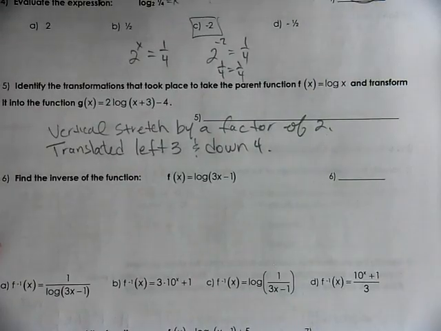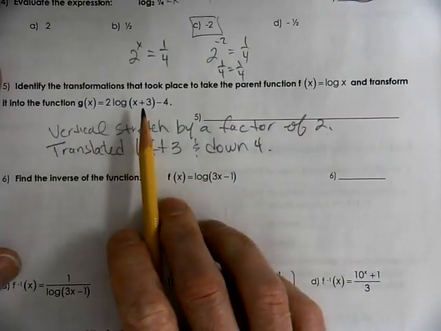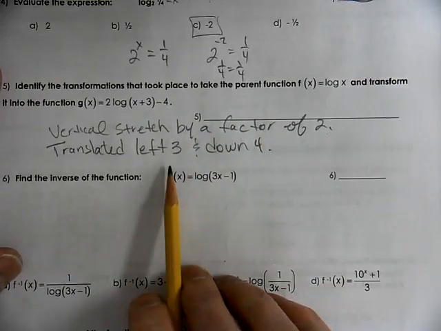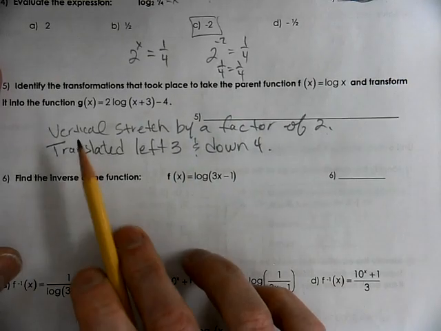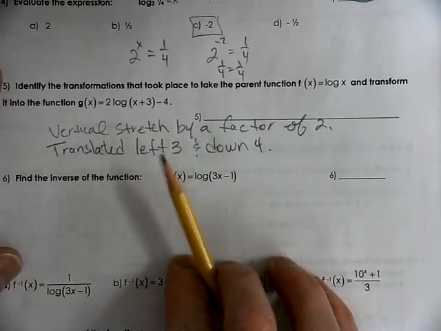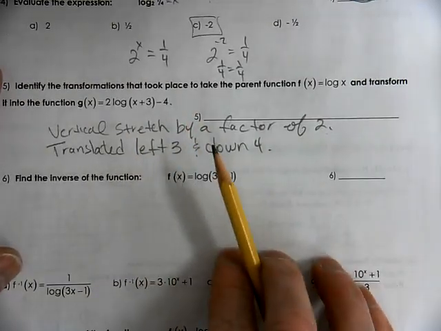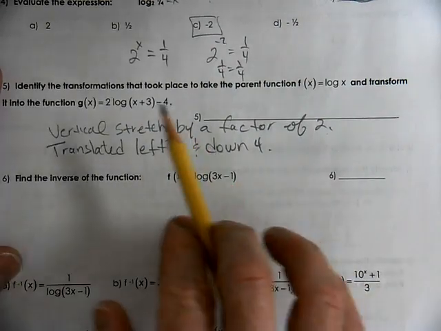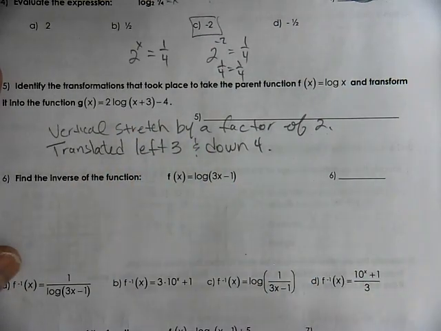So being able to read the equation, the goal isn't to write out these words. The goal is to understand why and how you know it's a vertical stretch, how you know it's a factor of 2, how you know it's translated to the left, and how you know it's translated down. You should be able to look at your equation to determine that.